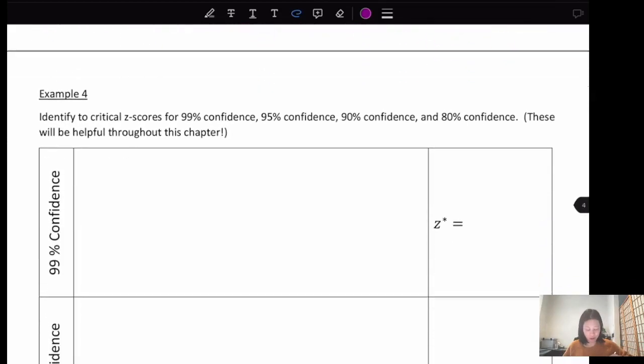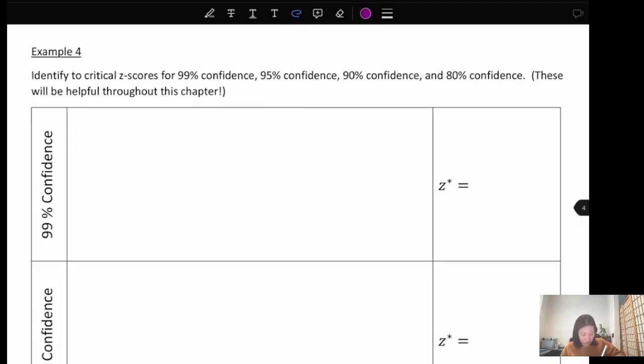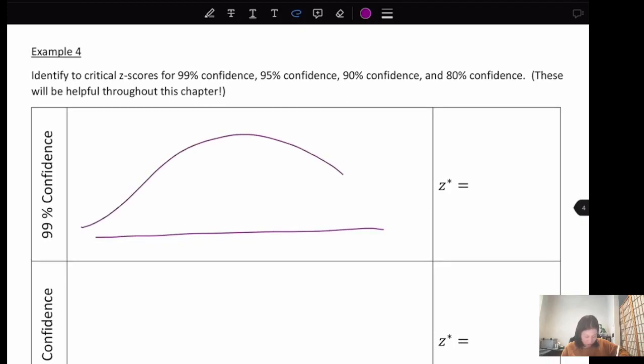Now, next part is how do we find the z-score for a 99% confidence interval. First of all, if you want 99% confidence, that means you want 99% of the data in the middle of the bell curve, and then the two tails total contain 1% of the data.